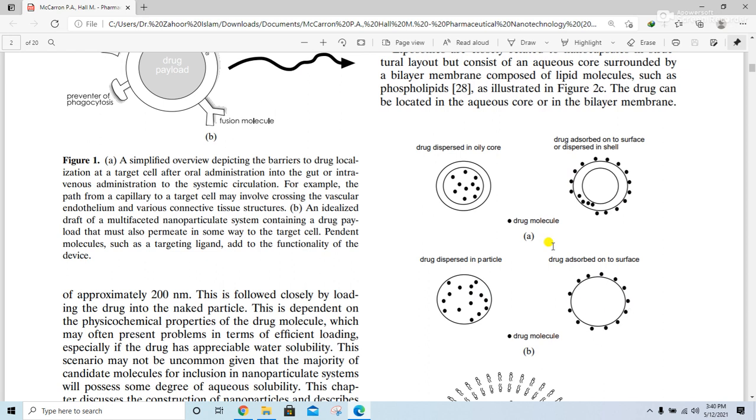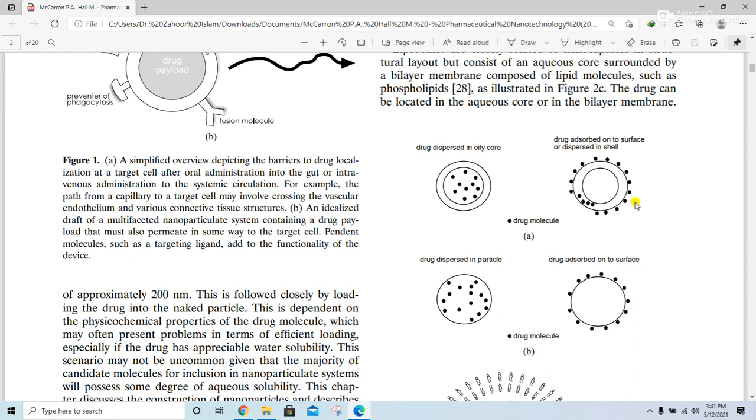Now you can see here, these are the drug molecules. So the drug is dispersed in the oily core, while here the drug is adsorbed on the surface or dispersed in the shell. It means that the drug particles are dispersed in the shell, or these drugs are adsorbed.